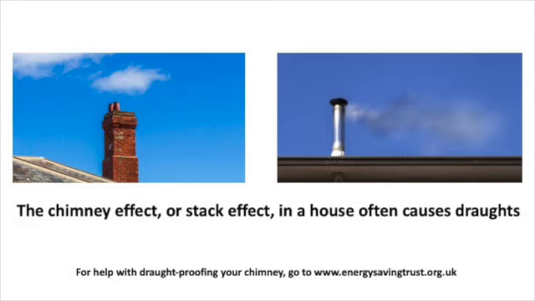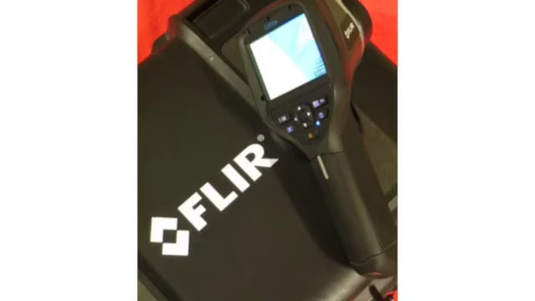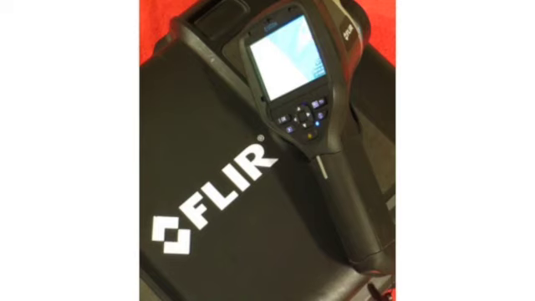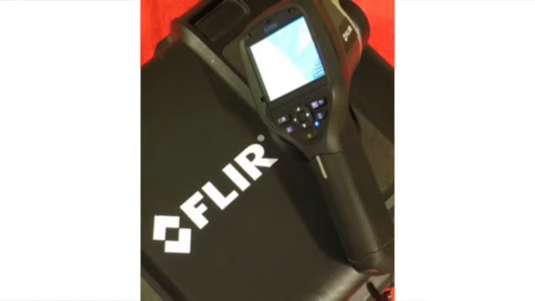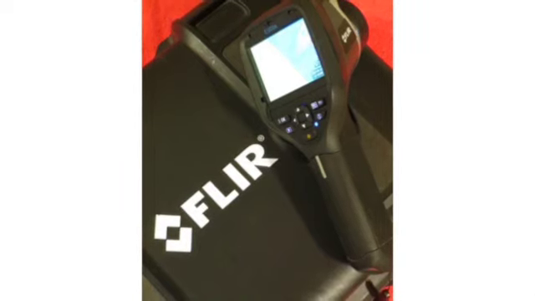You can find out more about this on the Energy Saving Trust website and about what you could do to try and combat it. However, there are also other reasons for us having a drafty home in the winter, and the school's energy project has used its high-resolution thermal imaging camera to try and find out more.